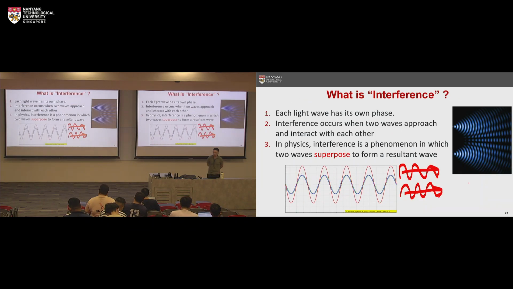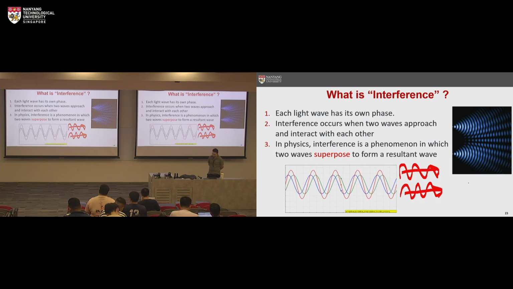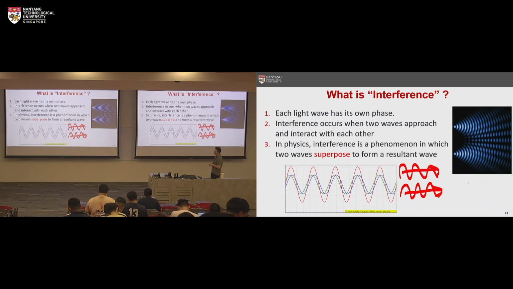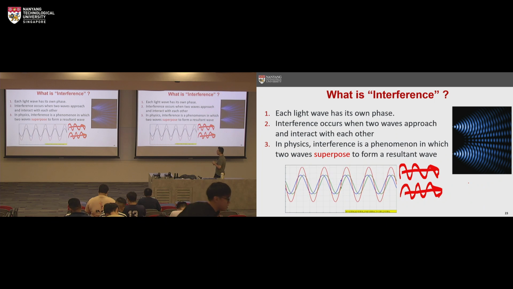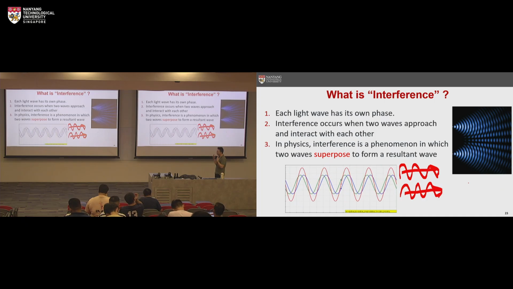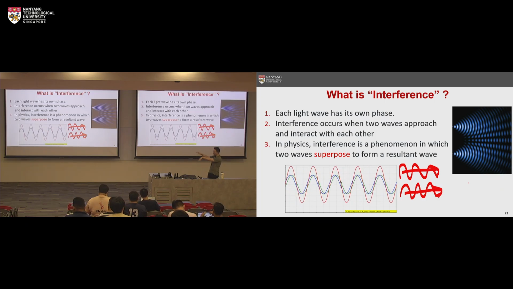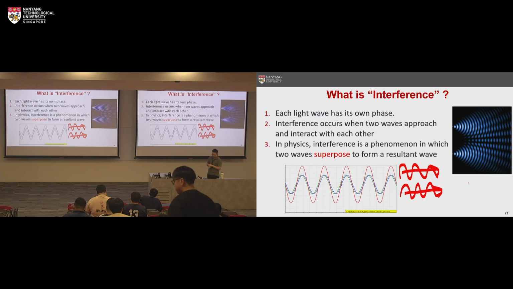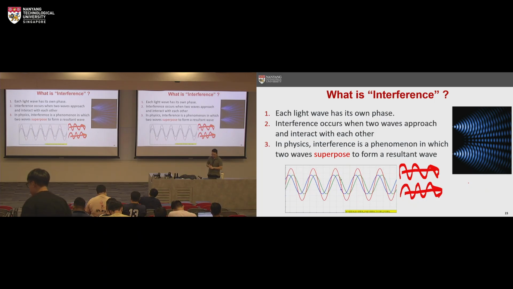In the second part of this chapter 3, on top of what we have learned about phase, you now understand that every light has phase. Each light has its own phase. So when there are two lights and they travel in space, if they have the chance to meet each other, then they will produce so-called interference.